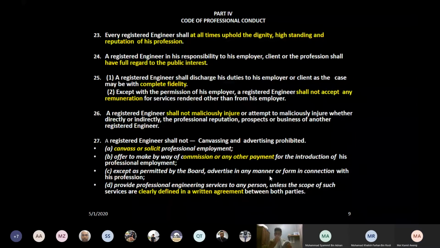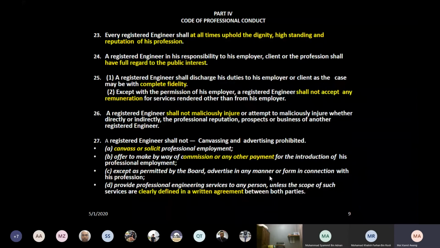Second, a registered engineer in his responsibility to his employer, client, or profession shall have full regard to the public interest. So first, uphold the dignity, high standard, and reputation of the engineering profession.